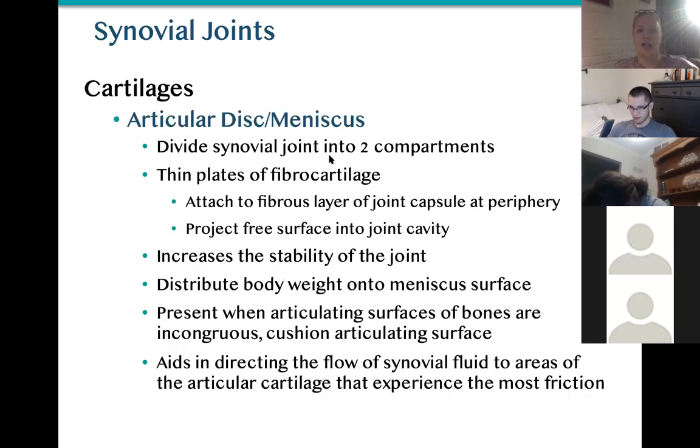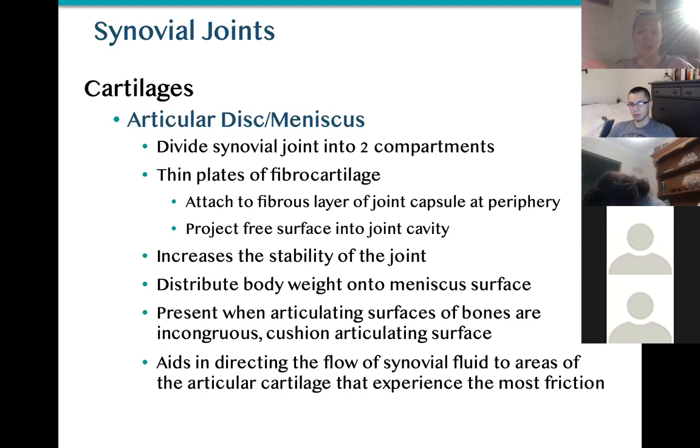Okay, so talking about the cartilages. So you can have articular discs or menisci, a meniscus is the singular version, okay, within a synovial joint. And the knee is famous for this, as I said. The meniscus will basically divide your synovial joint into 2 compartments, like in the knee, above and below the meniscus.